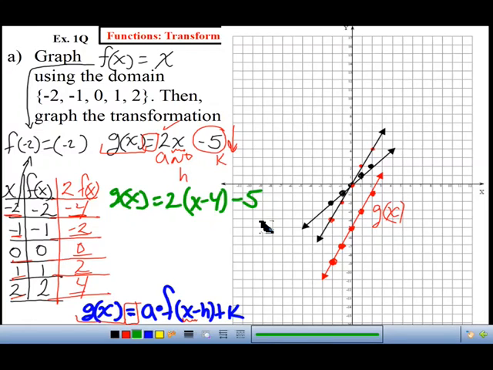Look at it. Does it have the same A? Yes, Mr. Q. Does it have the same K? Yes, Mr. Q. So now what's the only thing that we included in this one? The H. What is H? 4. Is it becoming a little bit clearer? Yes? Yes, Mr. Q. All right, good.